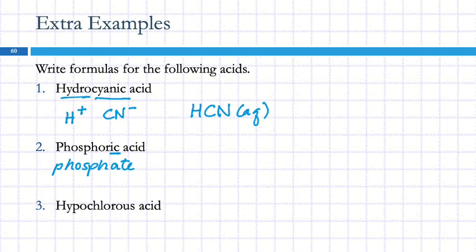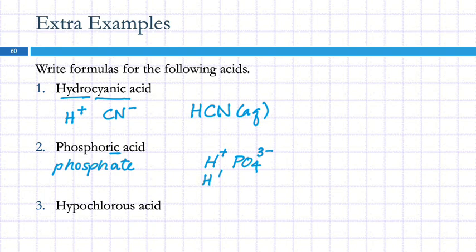So phosphate, what's the formula for phosphate? PO4 3 minus. And it's an acid, so the cation is hydrogen ion. I'm just writing the 2 ions here with their charges so that I can see how I need to put them together.